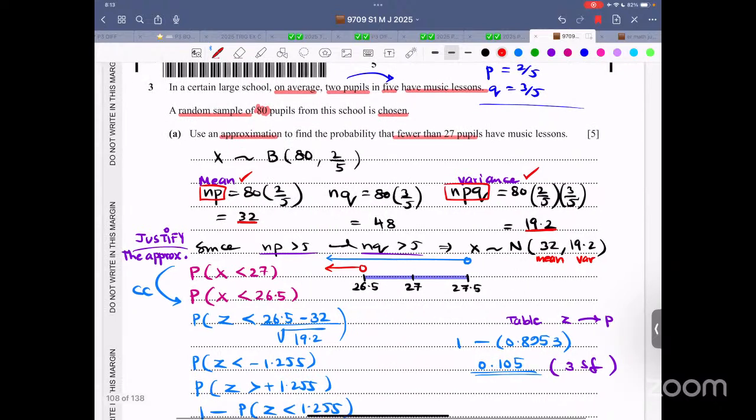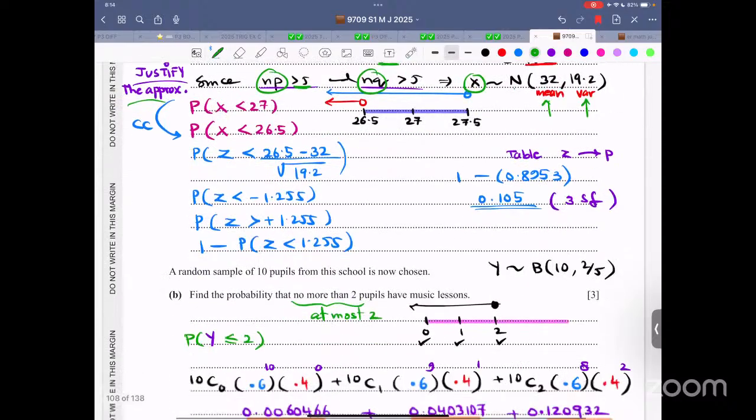And you should always justify the approximation. Since NP is greater than 5, and we also calculate NQ, which has no meaning, but it's used as justification, NQ is greater than 5. So NP is greater than 5, NQ is greater than 5. Therefore, X follows a normal distribution. We write the mean over here, the variance over here.